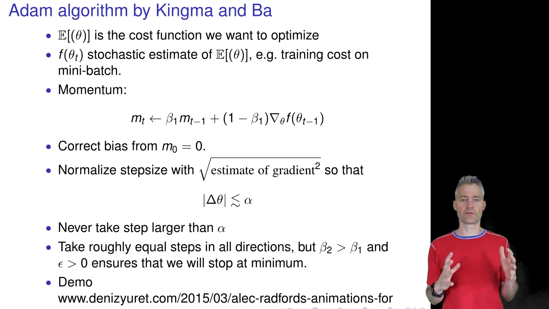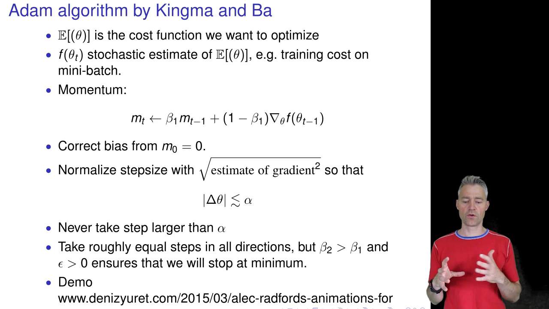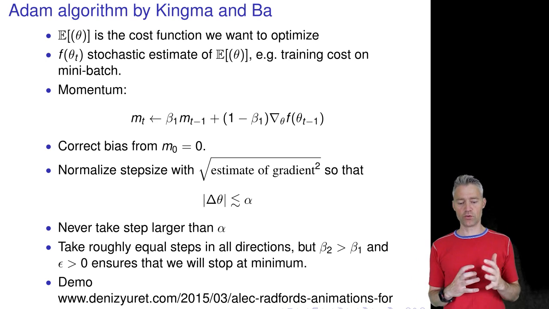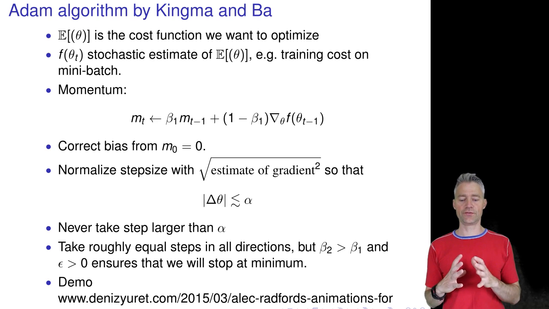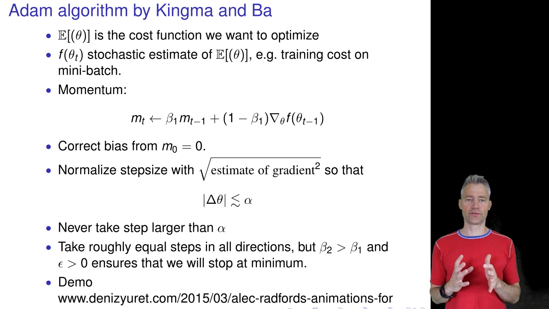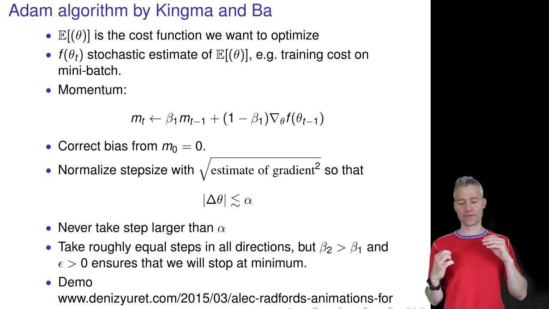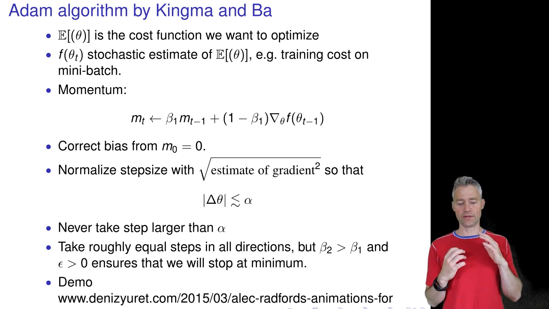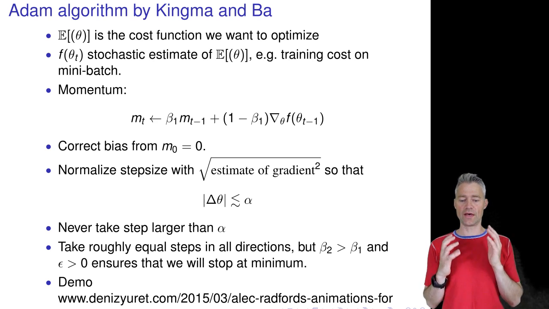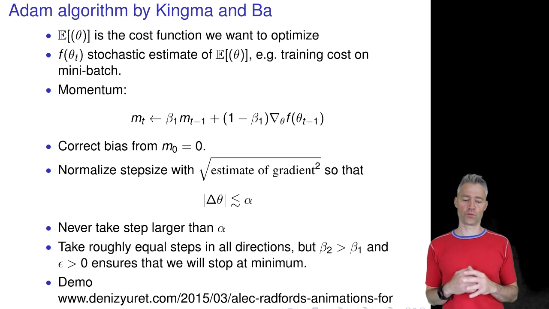So that's a way to control that in all directions we have more or less the same step size, and we know how big it is. And as I argue in the paper, it's easy to more or less guess how big the step size should be. So it turns out that you can use Adam with more or less the default settings, and it would work with many problems.